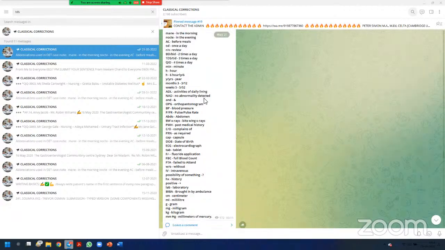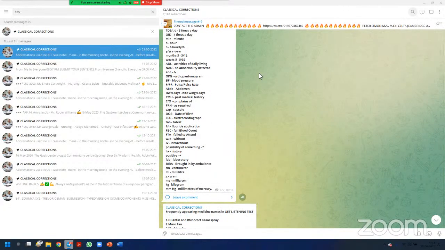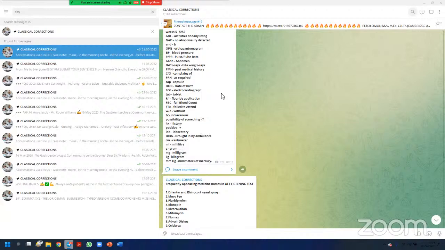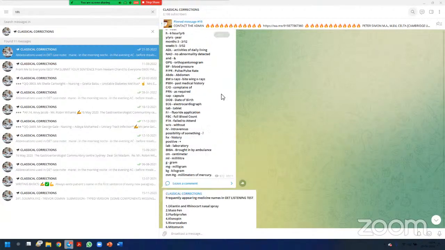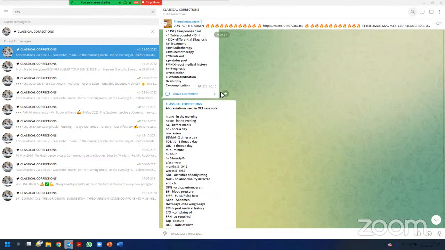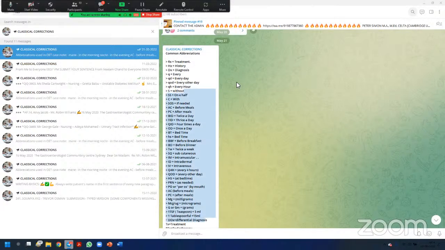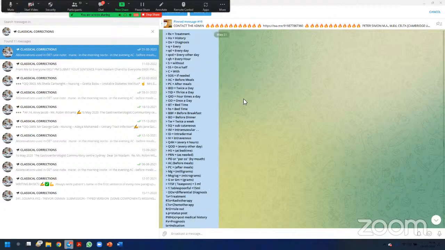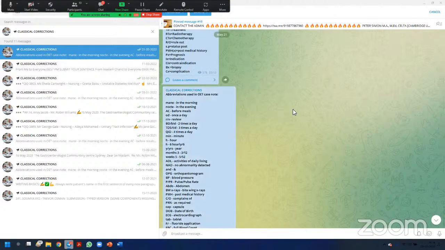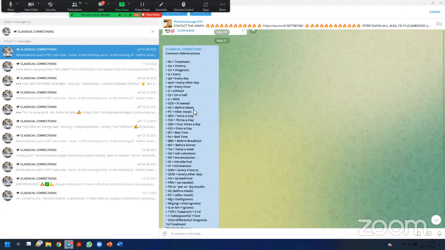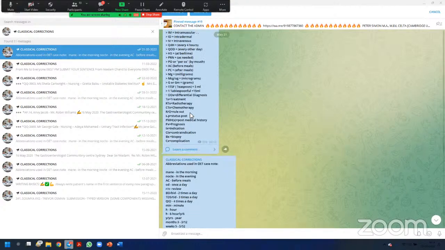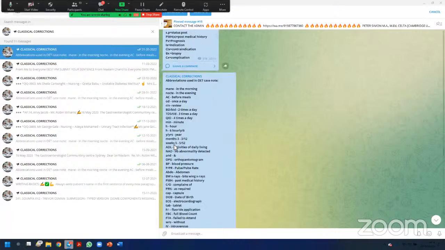So this is it. These are the points which you can use. These are the words which you can use. So, common abbreviations. RX means what? Contraindication, biopsy.